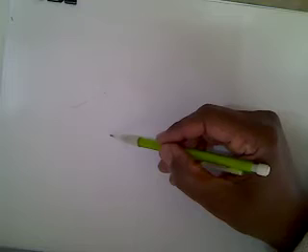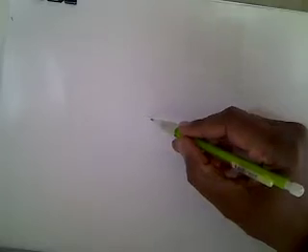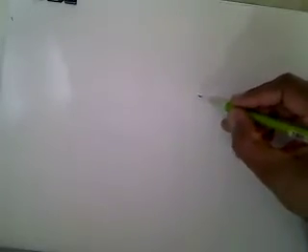I'm not saying you must do this boldly. Don't do it boldly, but I'm doing it boldly just for the purpose of learning. Our cutting plane is going to go like this, up to there. The whole of this portion will be removed.